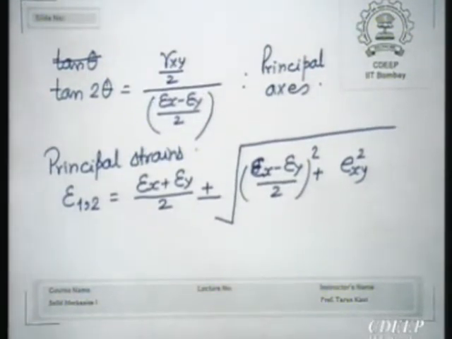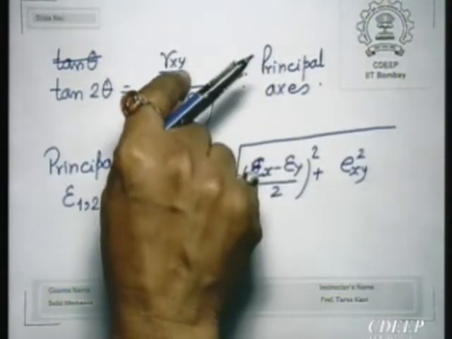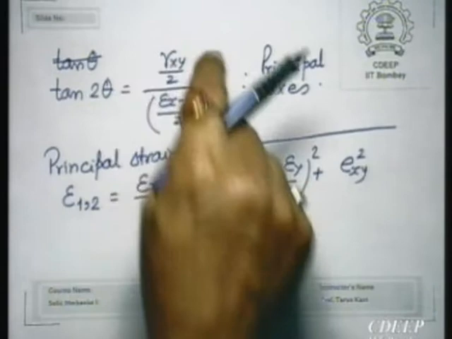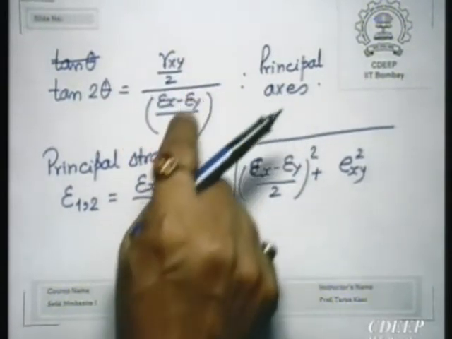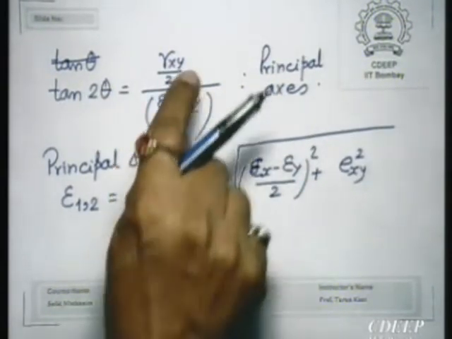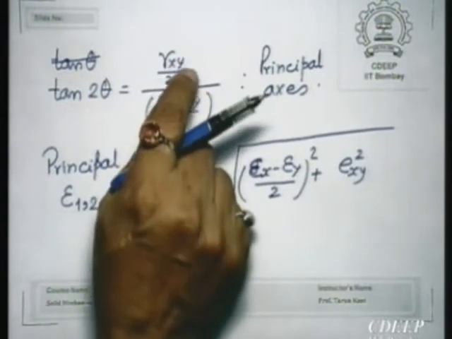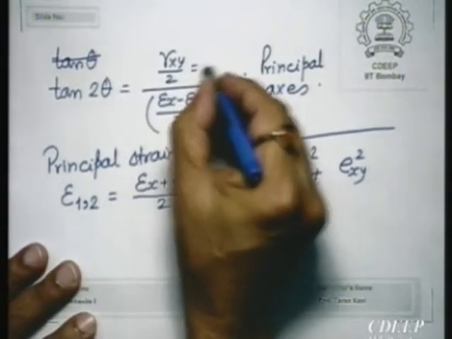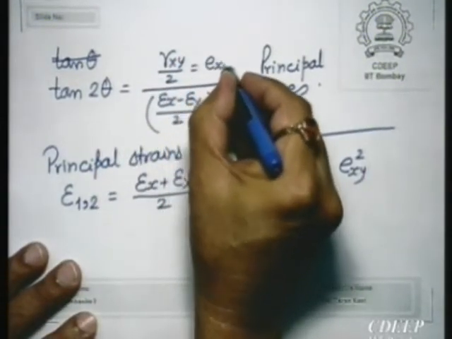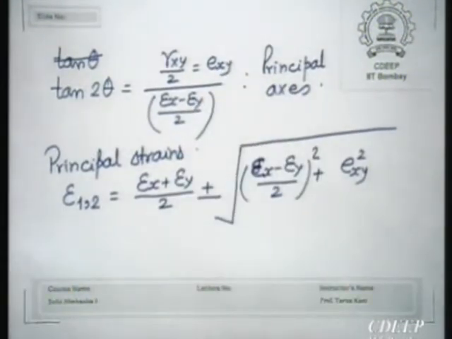Yes, please, if you have any doubt. So, it is the same result. There it was tau xy, if you remember. Here it was sigma x minus sigma y by 2. So, instead of tau xy, you have gamma xy by 2 or exy, which we call the tensorial component, half of gamma.